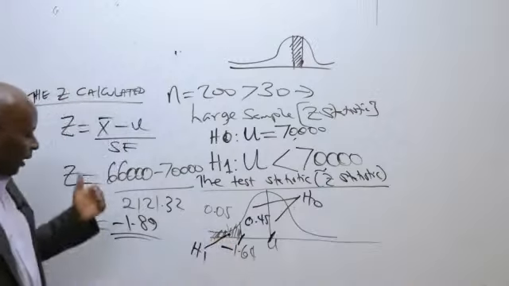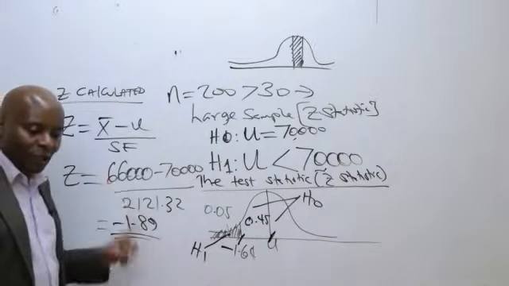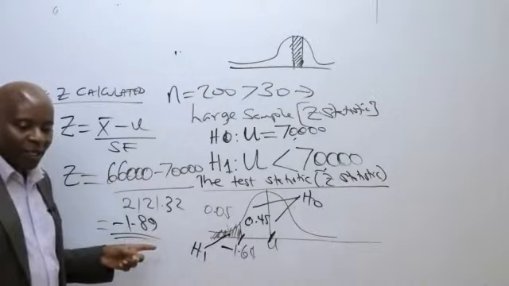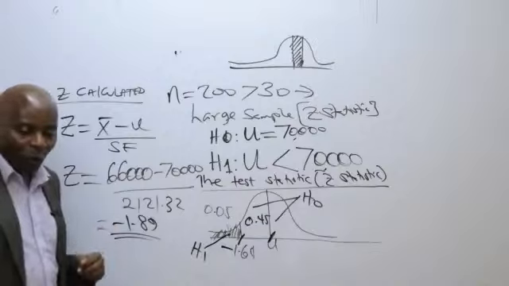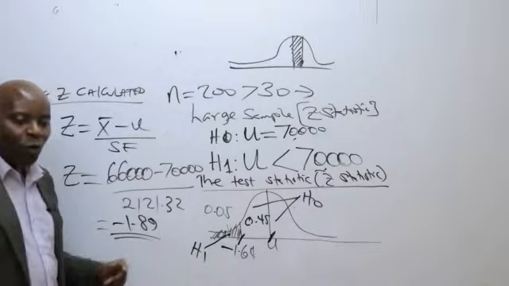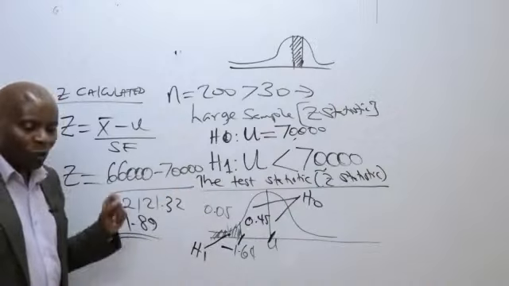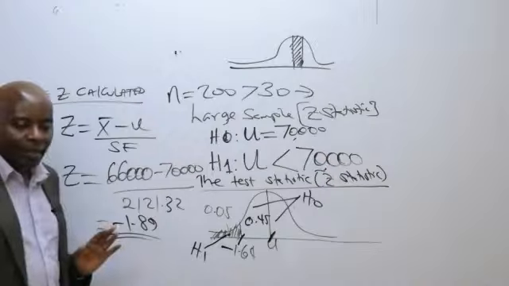Yes, so you tell us that the negative 1.89 falls in the shaded area, and therefore we accept H1, because shaded area is for H1.